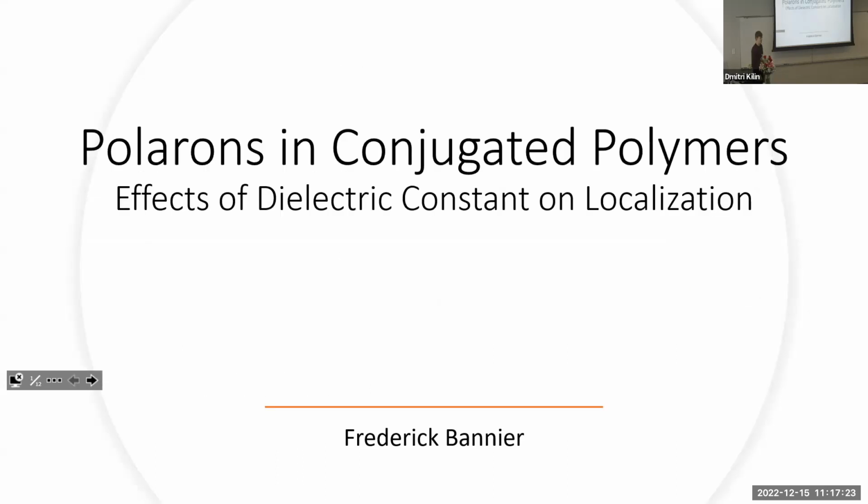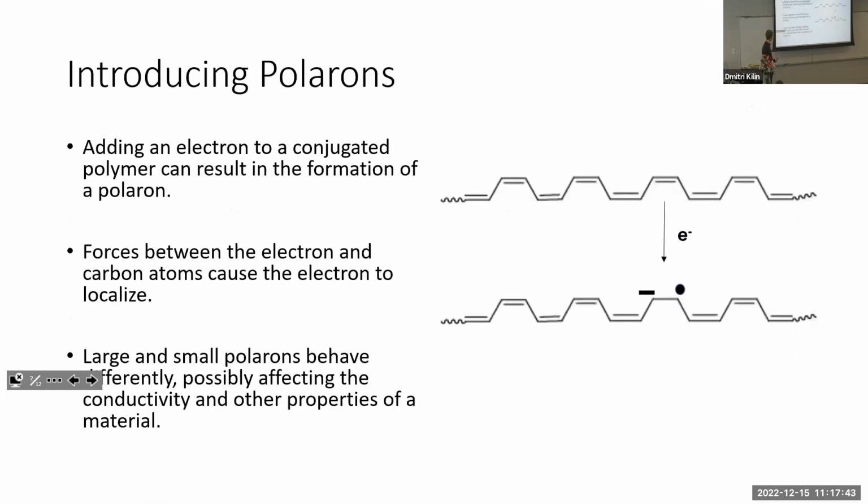All right, so we're talking about polarons in conjugated polymers, and how the dielectric constant of the medium which that polymer is in affects the localization of that polaron and its size.